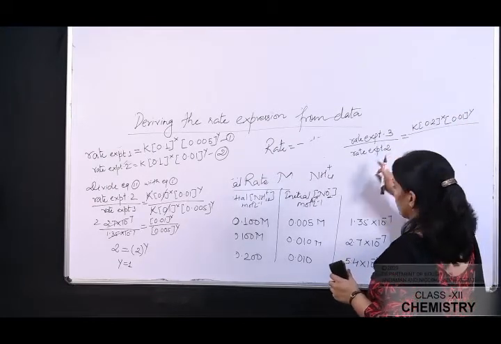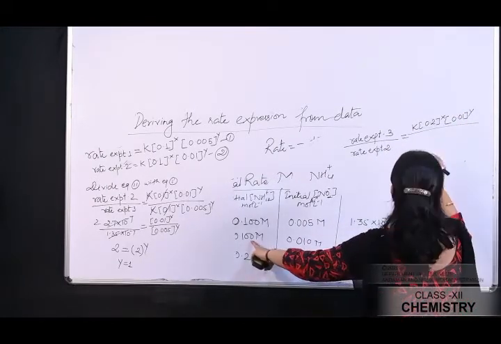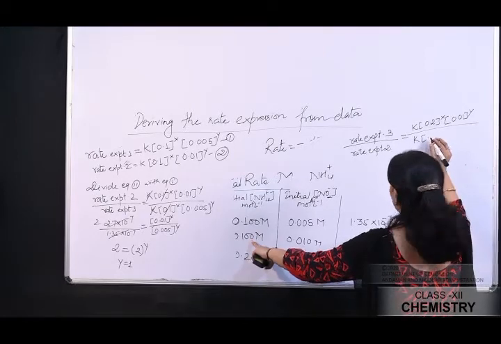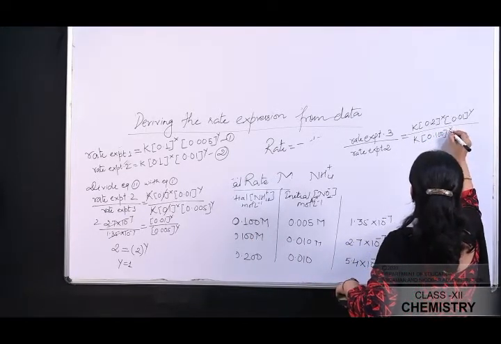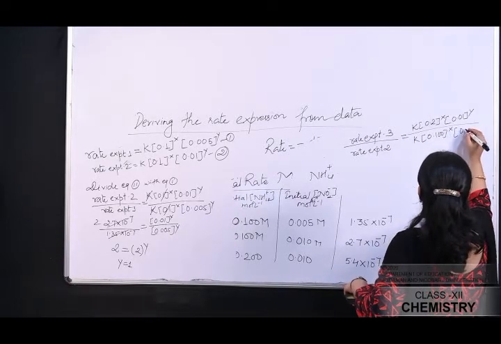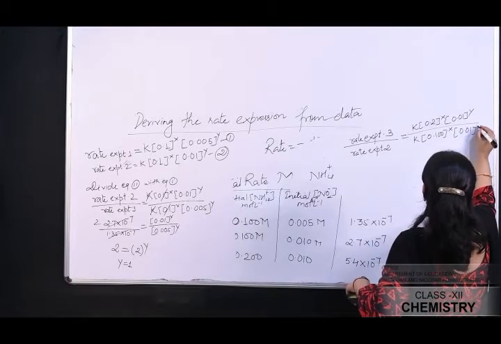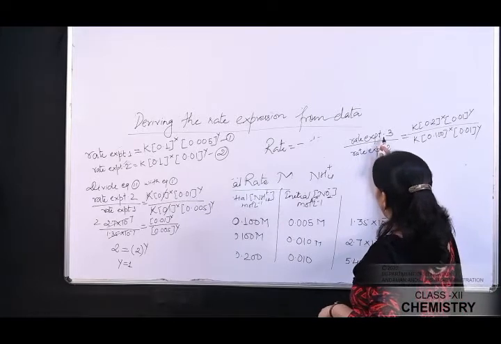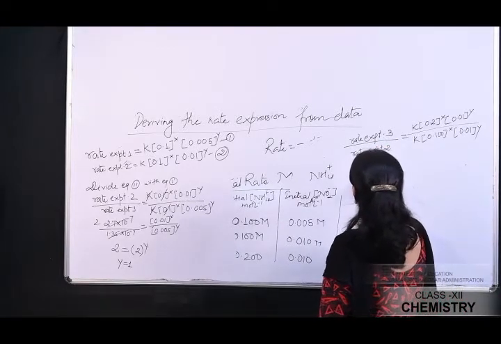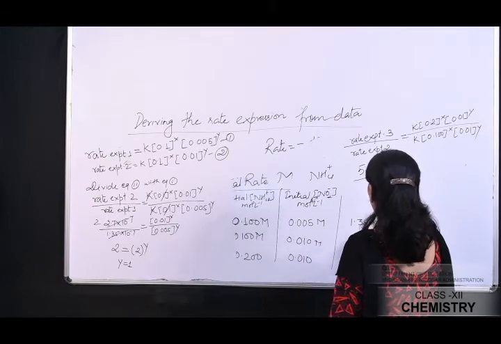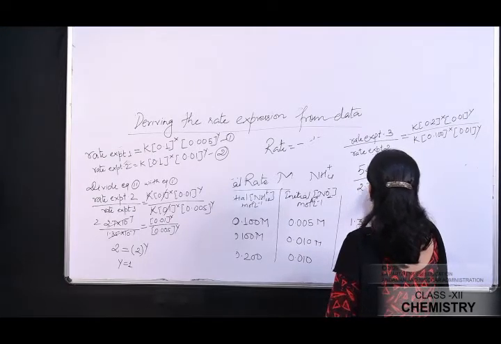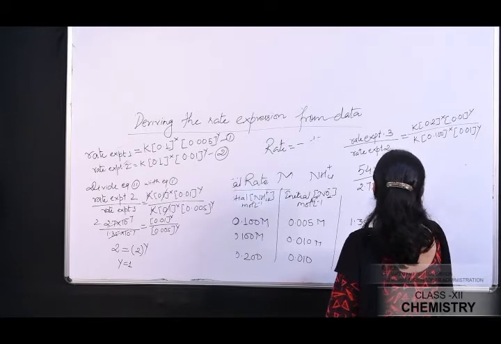Similarly, for experiment 2, the concentration of ammonium is 0.1 power x, and the concentration of nitrite remains the same, 0.01. The value of the rate for experiment 3 is 5.4 into 10 to the power minus 7, and the value for experiment 2 is 2.7 into 10 to the power minus 7.